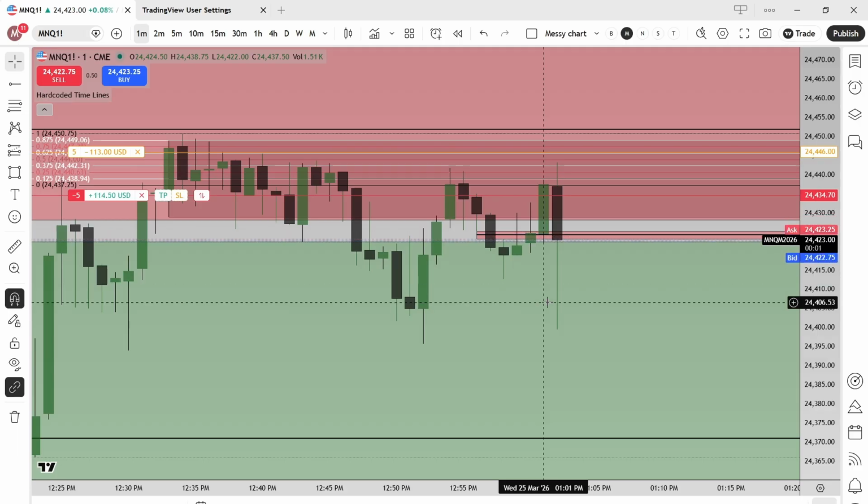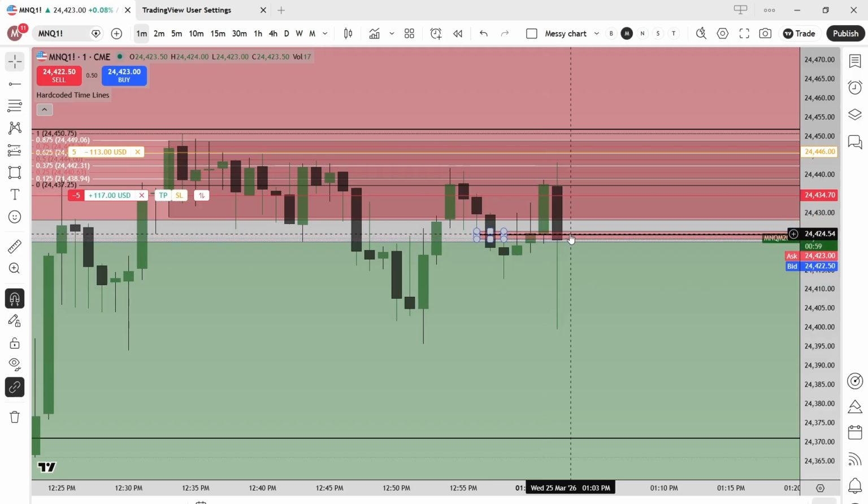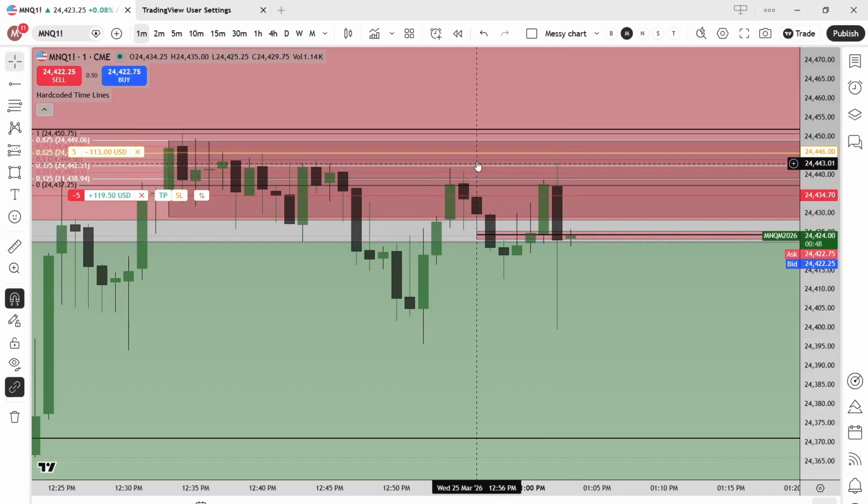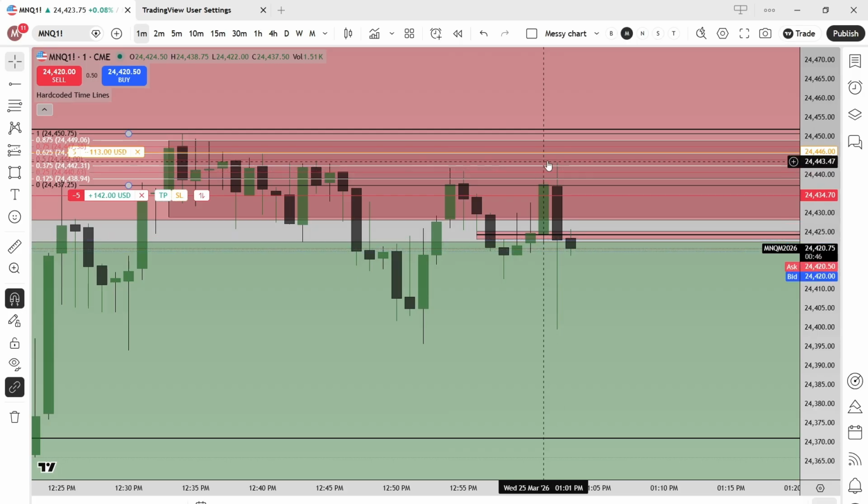Depends where this candle closes. Below this inefficiency, we're bearish. Made an attempt, took out this high. Made an attempt at the 50, failed. We're still bearish.